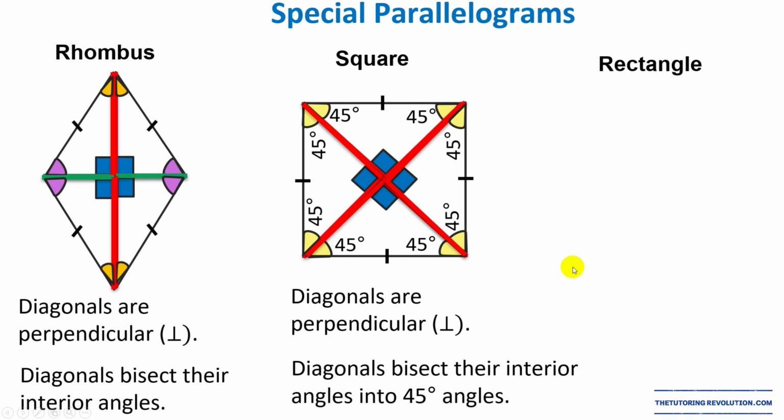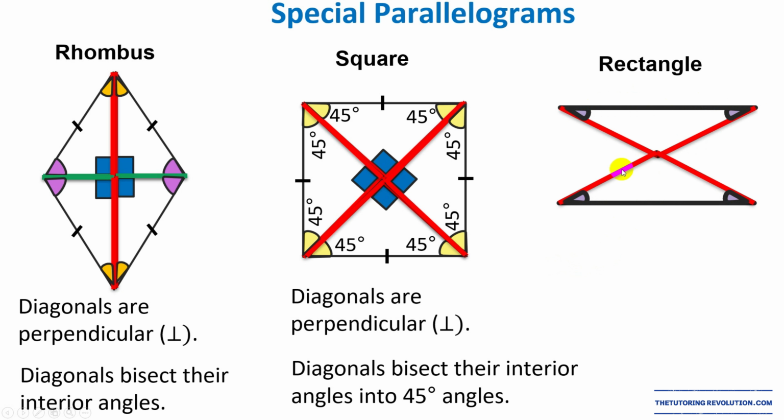For the rectangle, we can create that by putting 4 isosceles triangles together, but they are not identical. So this triangle here and this triangle here are congruent to each other, and this triangle here and this triangle here are congruent to each other, but all 4 triangles are not the same, as it is the case in the square and the rhombus, and there are no right triangles.